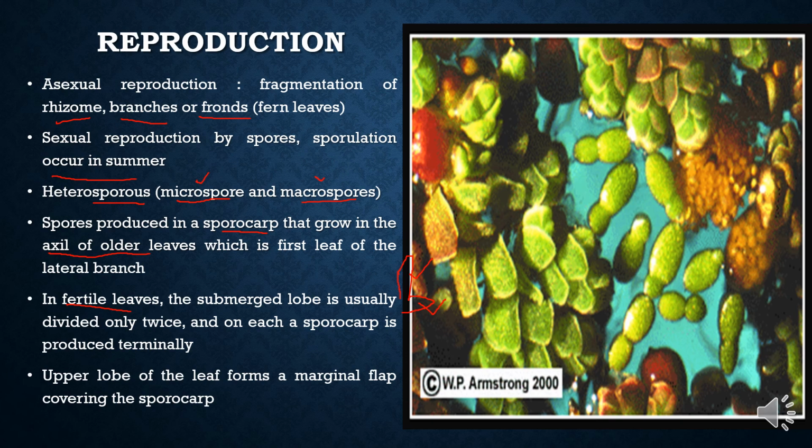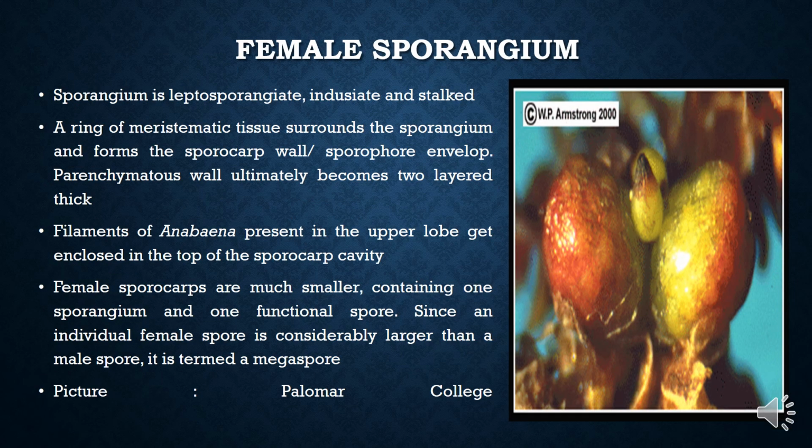Here in this diagram we see that this yellow colored mass are the microspores attached with massulae, and this red colored structure is the microsporangium. And in the next slide I will show you the macrosporangium also.